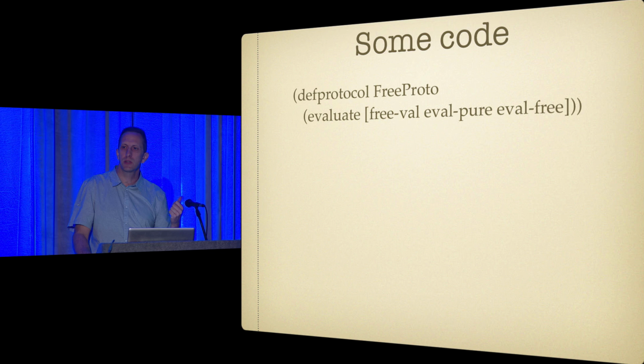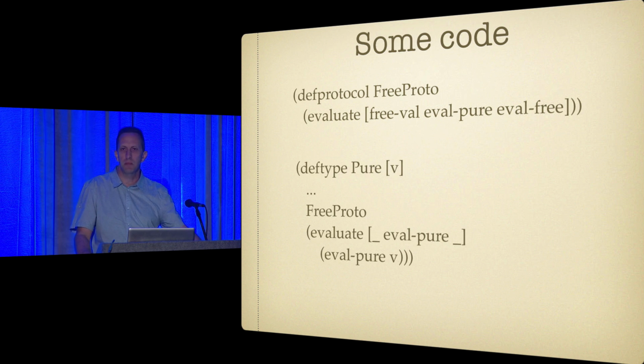They're just functions that will take a value from inside of a pure or a free record type and do something with it. So that code before, I showed of the pure record, we need to extend that so that it implements the free proto interface and give it an implementation for the evaluate function.